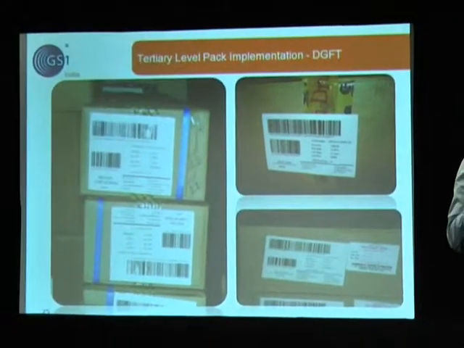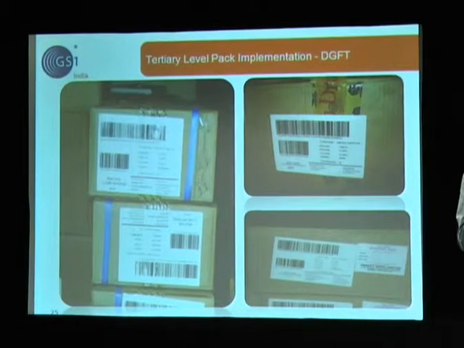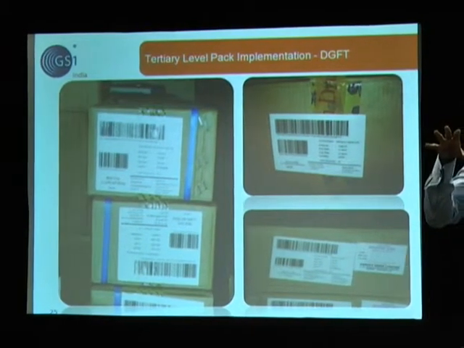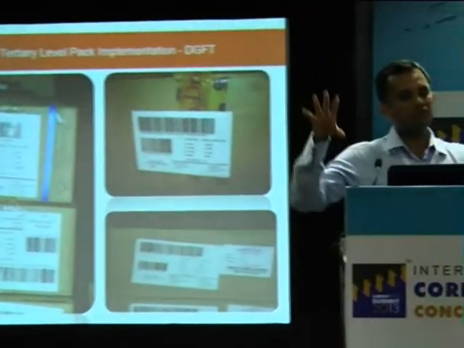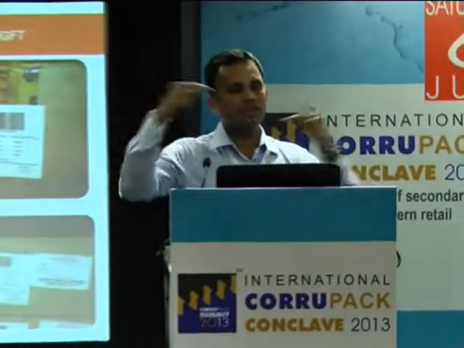This becomes a track and traceable system because in the back office application there is a definite linkage between the numbers printed on the tertiary packet and the numbers printed on the secondary packets. That is a parent-child linking, and at any point in time, if you want to trace one level up or one level down, this linking will help.